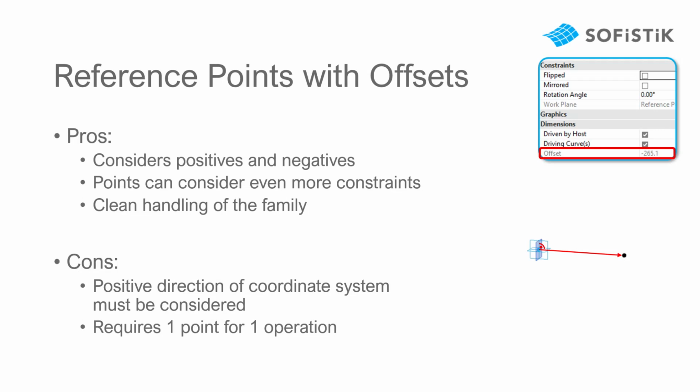Secondly, it requires one point for one operation. Here you can see that the referenced plane for the creation of the point considers a negative offset into the direction where the reference point is then placed. Lastly, complex operations with this method requires complex formulas.